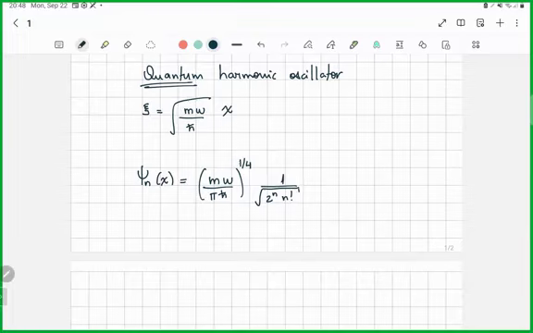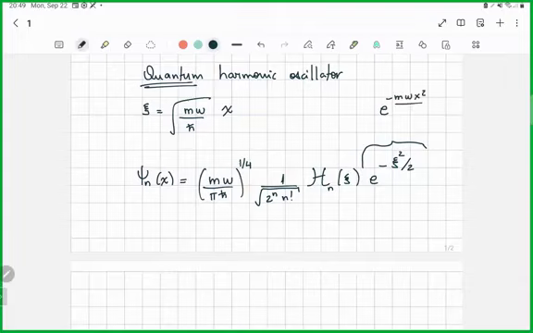And also in this function of Hn, I'll tell you in a minute what it is. And here the exponential of minus c squared over 2. So you see that this term here, if I write in terms of x, is what we are familiar with. Now it's exponential minus m omega x squared over 2h bar.